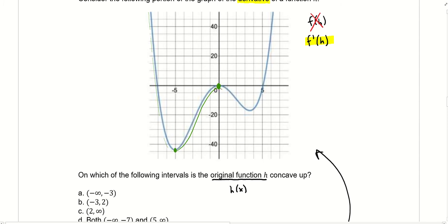Then it looks like the slope of my first derivative is negative again until I hit this point. And then from there on, in this piece of the graph, my first derivative has a positive slope, or is increasing. Sorry, I'm getting my f's and my h's mixed up. So this is not h of x, this is h prime of x. Sorry about that.